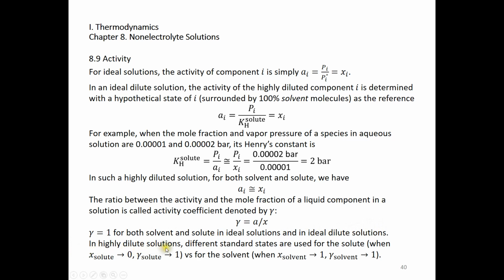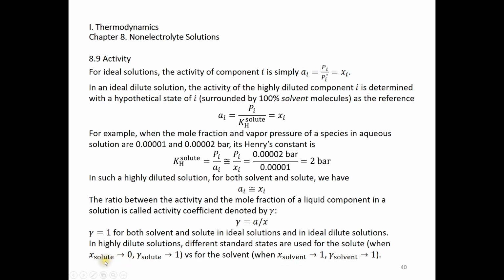In highly dilute solutions, different standard states are used. When the mole fraction of the solute approaches 0, its activity coefficient approaches 1. For the solvent, when the mole fraction of the solvent approaches 1, the activity coefficient approaches 1.